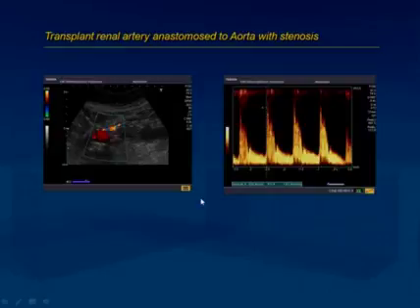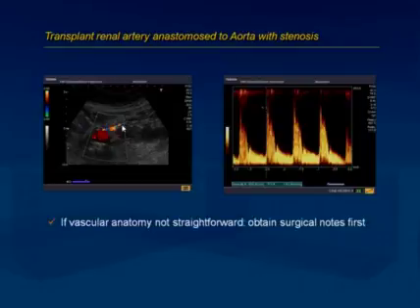So this was a moderate transplant renal artery stenosis in a transplant renal artery anastomosed to aorta. That was not a pediatric patient. This patient had received his transplant after a long history of retroperitoneal fibrosis, and the transplant surgeons felt that an arterial anastomosis to aorta was the only anastomosis that was technically feasible.